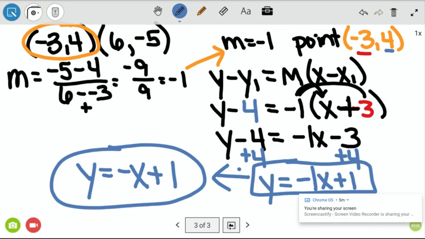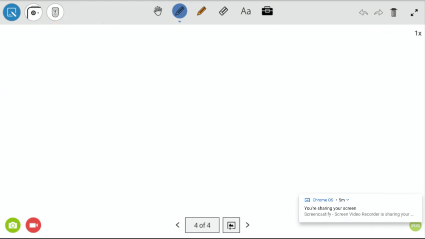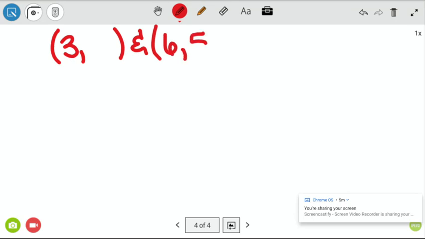All right, so I have a couple more I want to go through. I promise I'll put the numbers in just a second. All right, so the first thing I want to do is the slope.